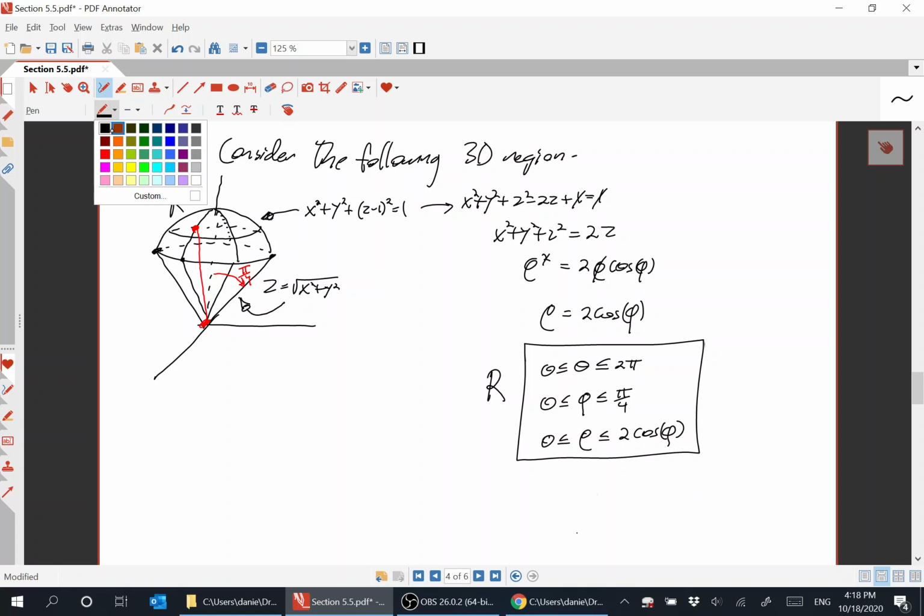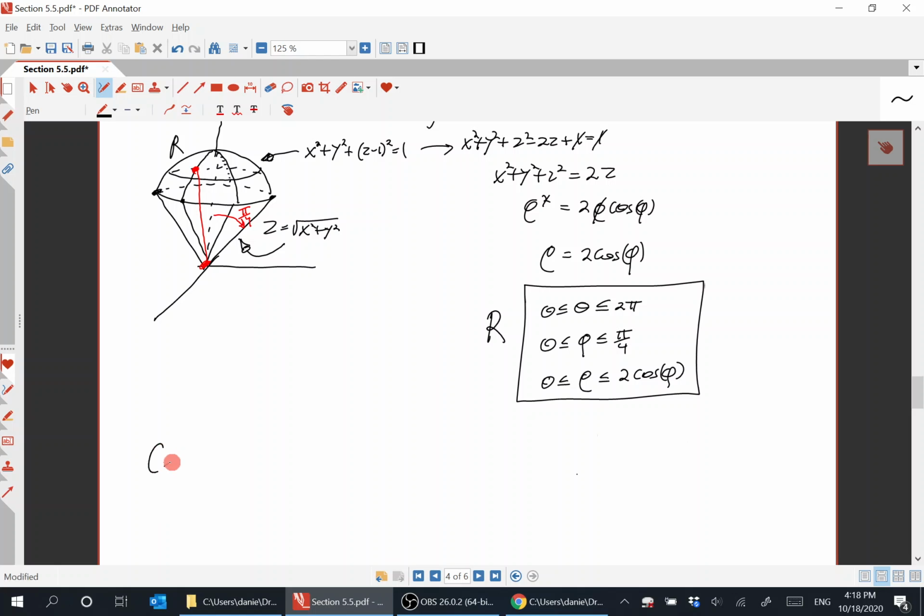So here, what do we have? Oh, so now let's calculate the volume of R, which is just the triple integral of 1 dV.